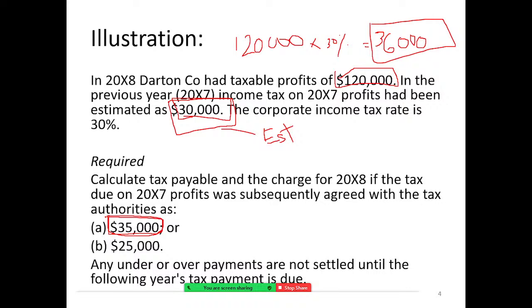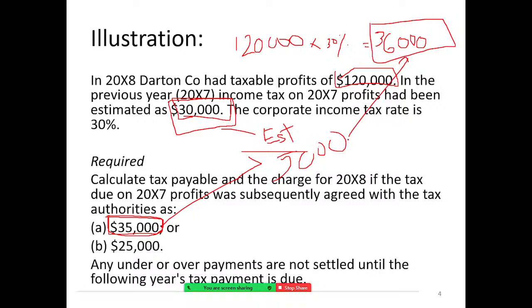It's an under provision, isn't it? It's an under provision, so therefore we have to pay more. How much? 5,000 is the under provision, so we have to add this 5,000 to this figure.